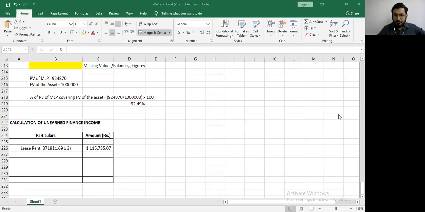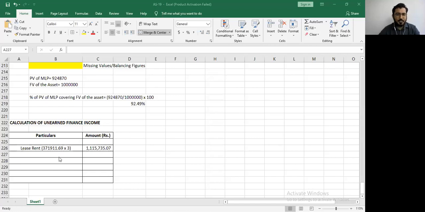Okay, great. If it is for the lessor, my second question to you is, for a lessor, what do you take? Guaranteed residual value, unguaranteed residual value, or both? Of course, you take both guaranteed and unguaranteed residual value.